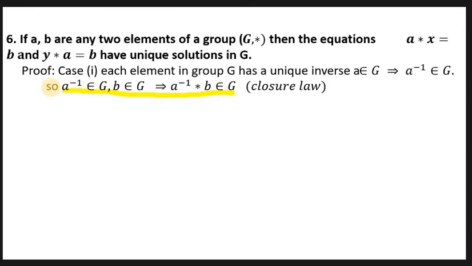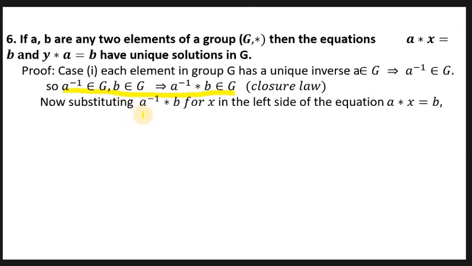See, by closure law, if A inverse belongs to G, B belongs to G, then A inverse star B belongs to G. By substituting A inverse star B for x in the left side of the equation A x is equal to B, we have A star (A inverse star B), because A inverse star B we consider it as x.